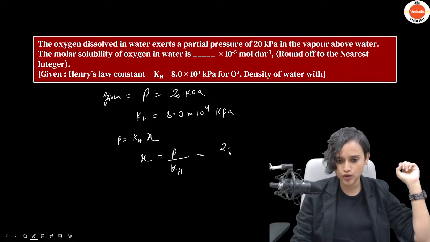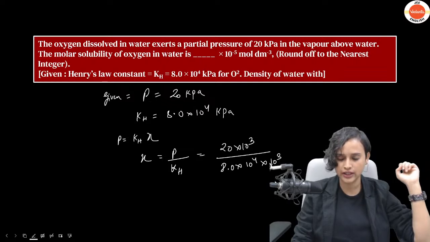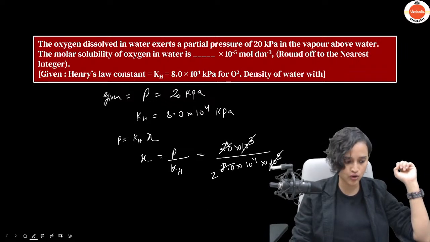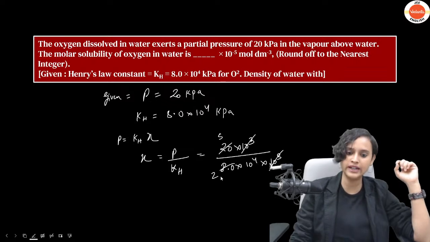That means that 20, I can write this as 20 into 10 to the power 3, and 8.0 into 10 to the power 4 into 10 to the power 3. Can I write it like this? So 10 to the power 3, 10 to the power 3 get cancelled. 4 2s are 8, 4 5s are 20.